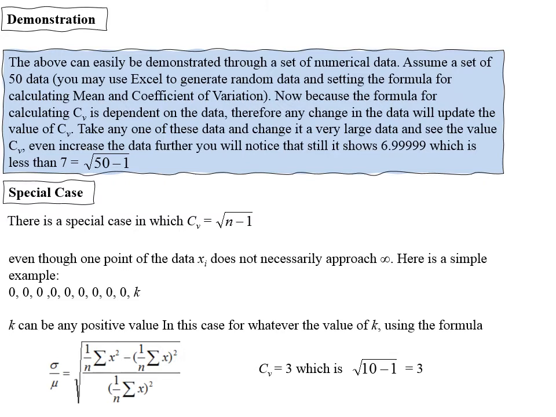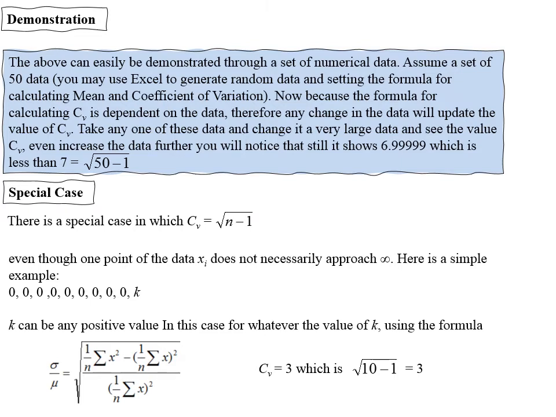Demonstration, this is a simple numerical example. If, for example, you have a set of data, and assume that this is 50 elements, 50 points of data. Then according to this, whatever the elements of the data are, there is no way in which the coefficient of variation exceeds 7.